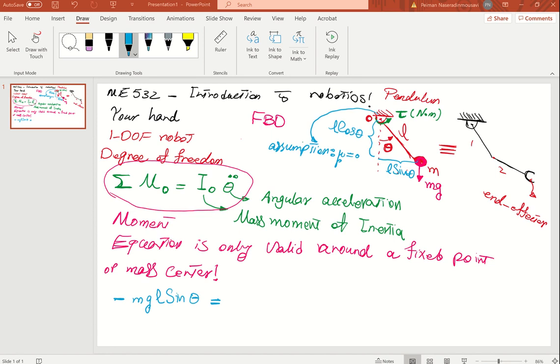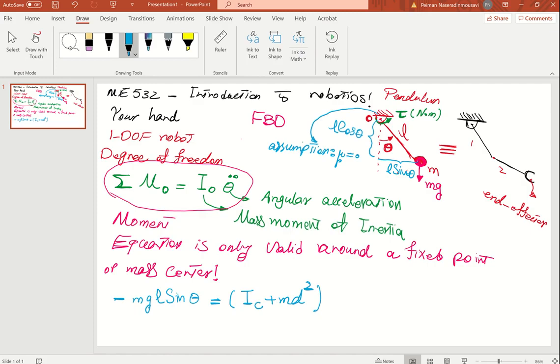So what is the mass moment of inertia of this particle mass around point O? IC, the mass moment of inertia around the mass center, plus md squared. That's right. This is from the dynamics course. This is the particle mass based on the definition in dynamics.